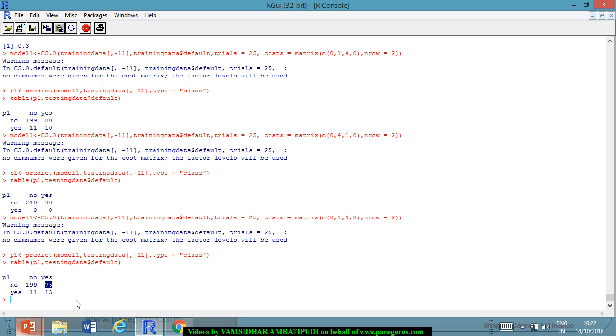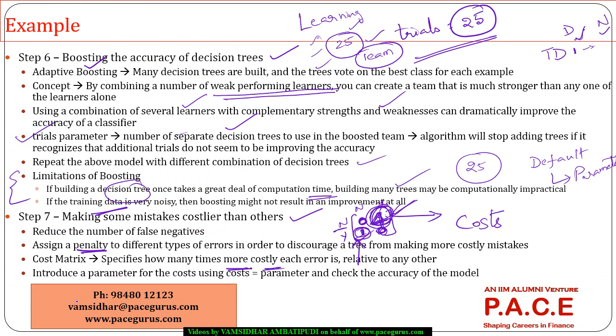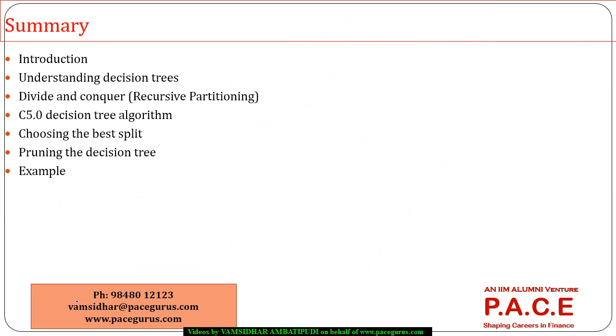So this is one more way in which I can try to improve my model by understanding the cost associated with each of these errors, so that I can do a better judgment in terms of classification, and my production data can also be classified more and more appropriately.